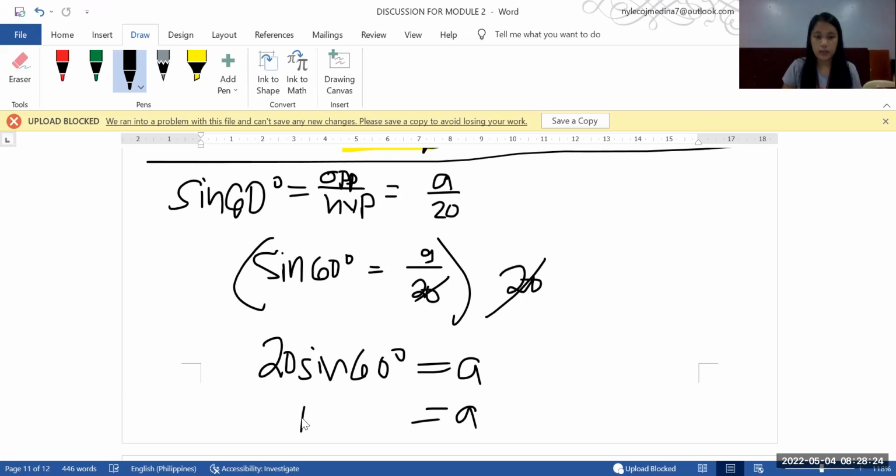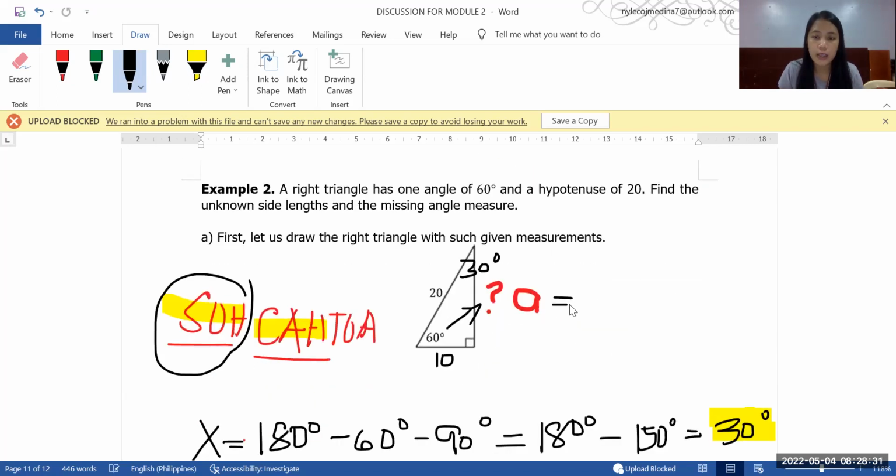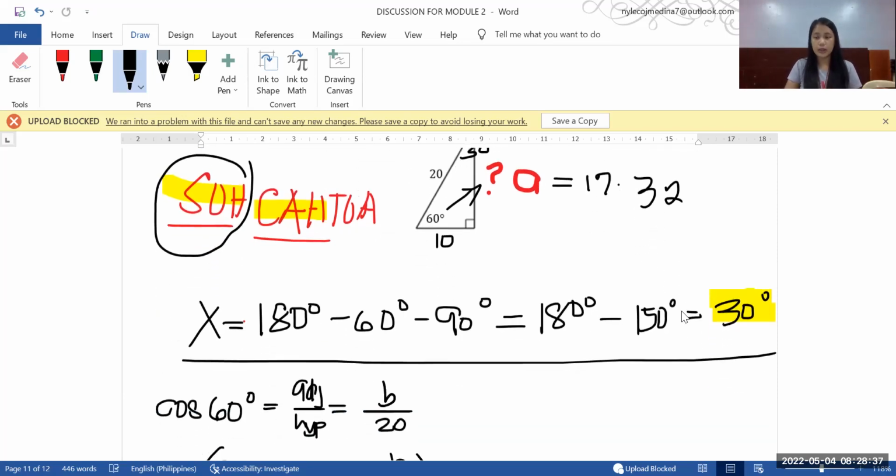So A is 17.32, and we have found everything.